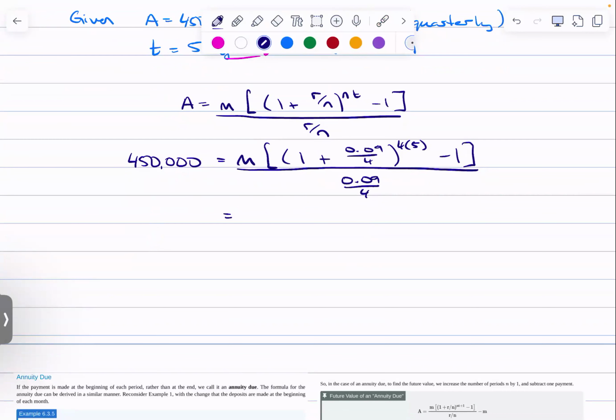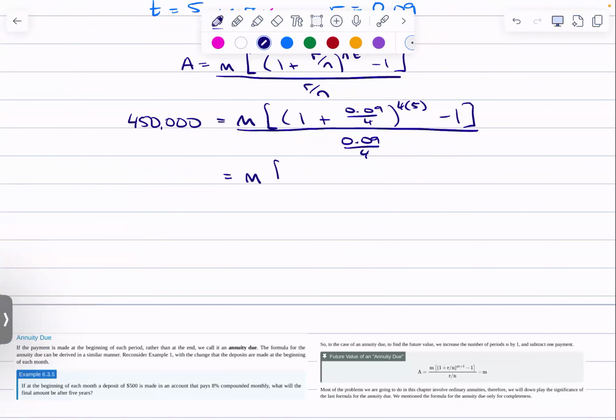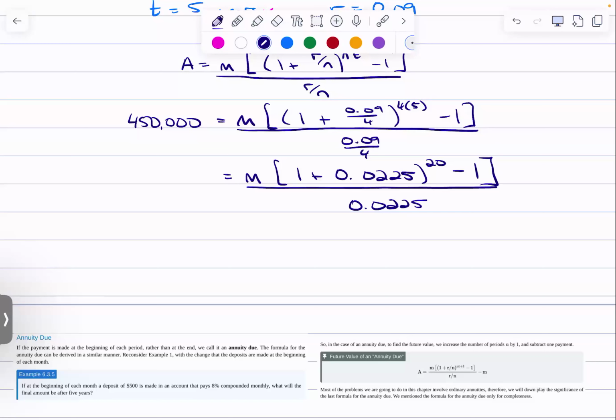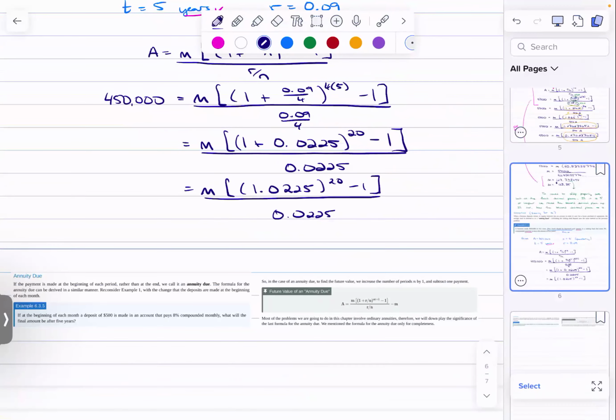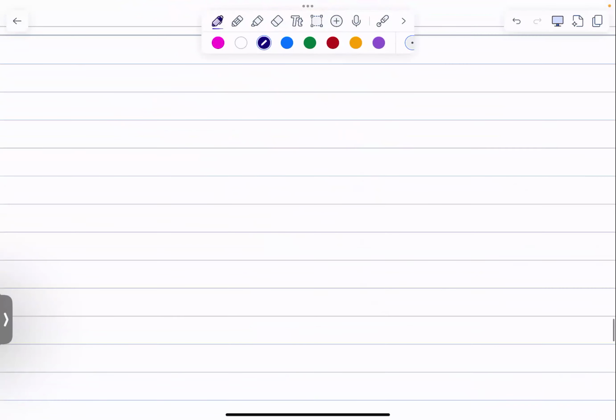All right. M times 1 plus 0.0225 to the power of 20 minus 1 divided by 0.0225. M times 1.0225 to the power of 20 minus 1. I'm going to add a page.